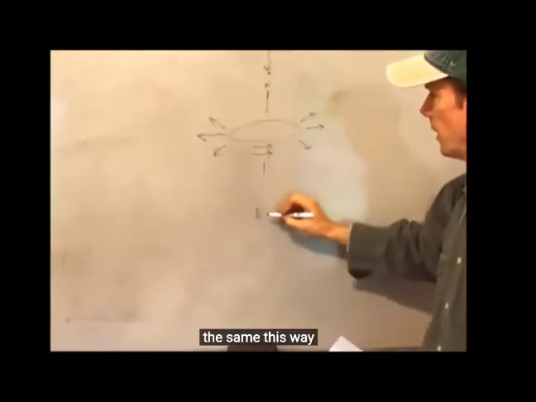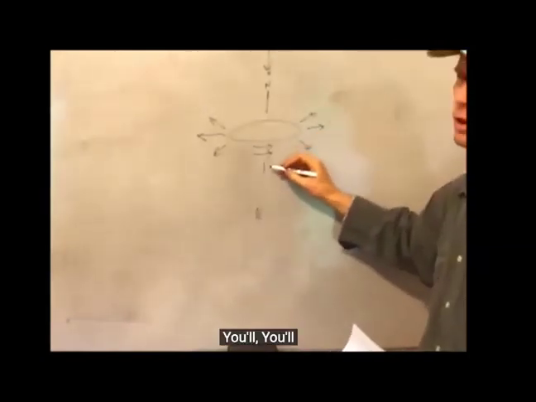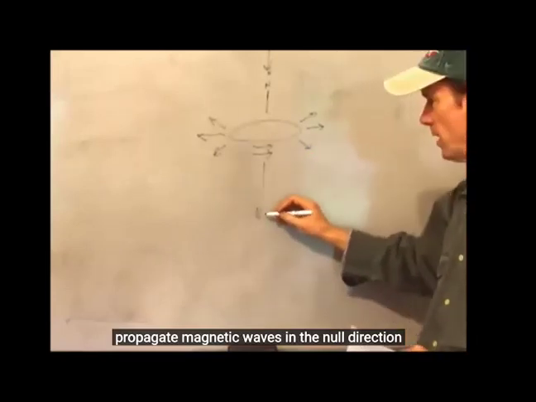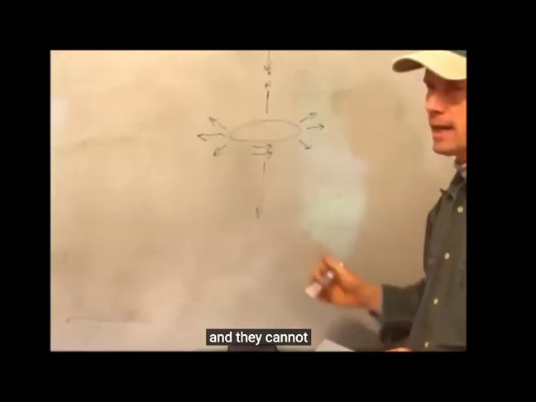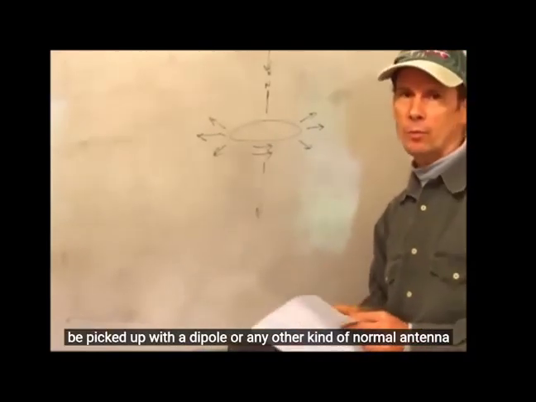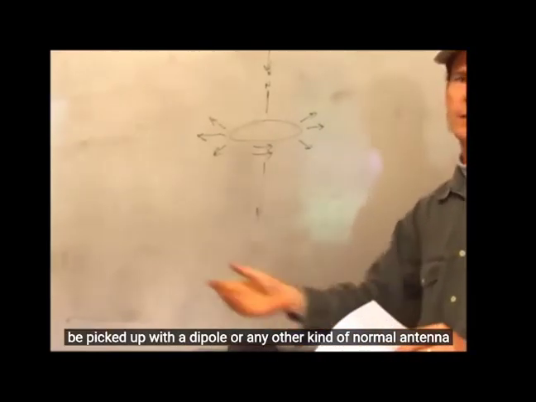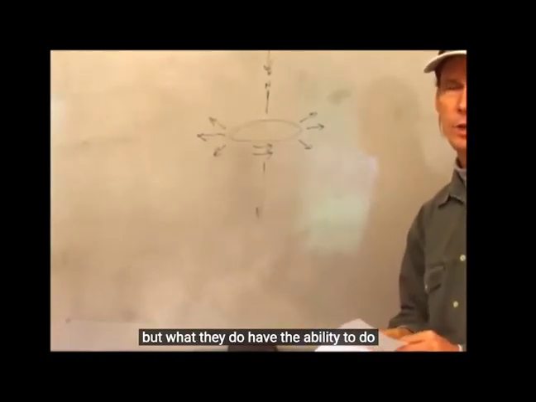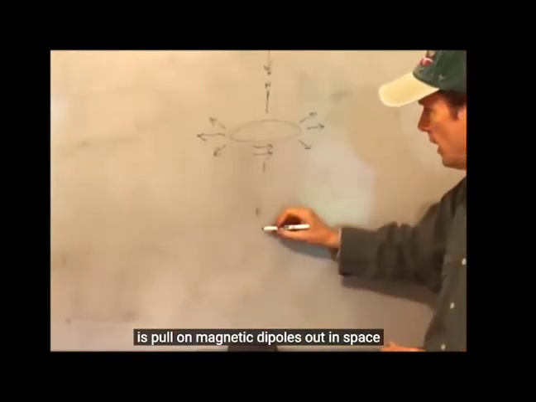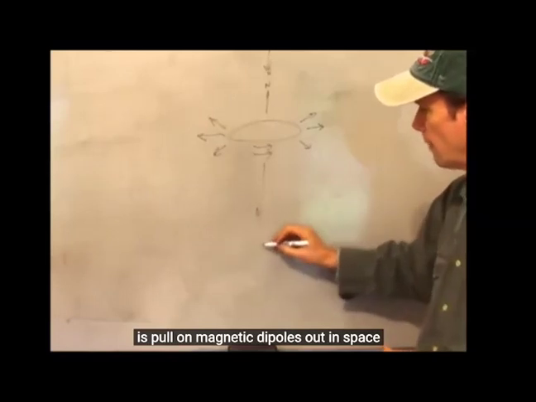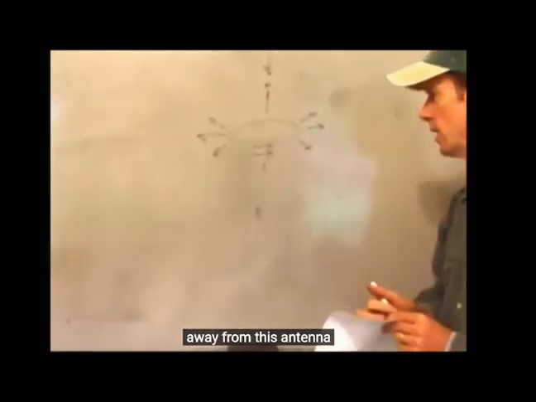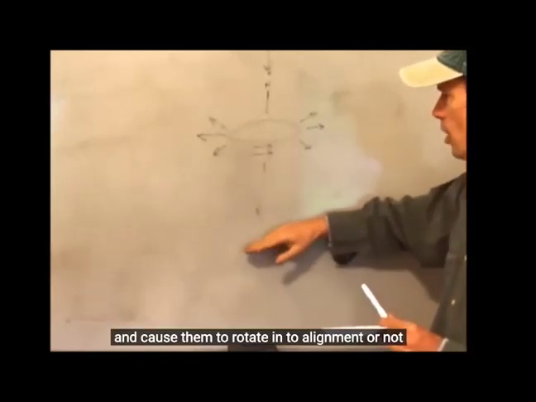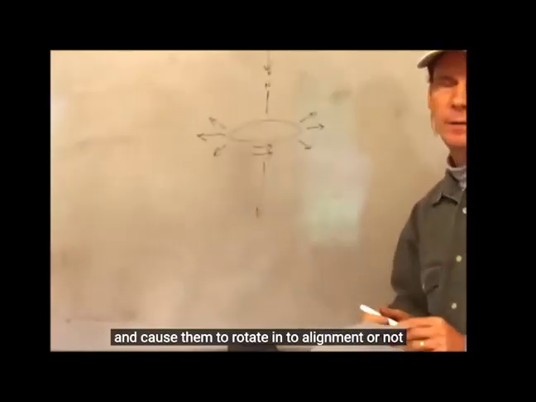And same this way. You'll propagate magnetic waves in the null direction, and they cannot be picked up with a dipole or any other kind of normal antenna, but what they do have the ability to do is pull on magnetic dipoles out in space away from this antenna and cause them to rotate into alignment or not.